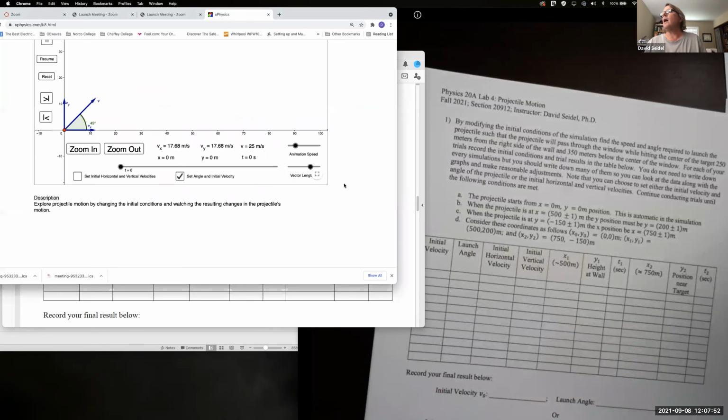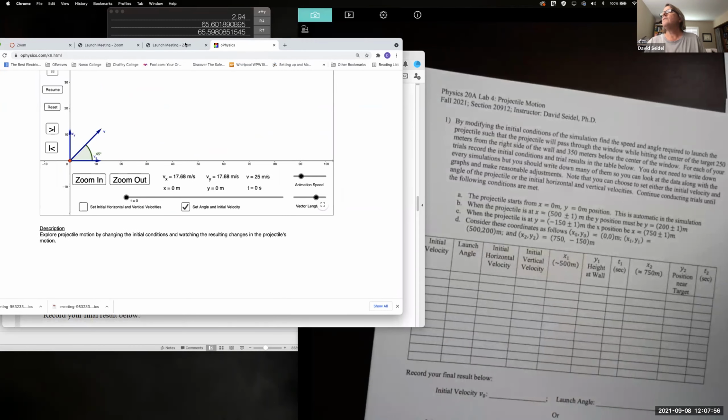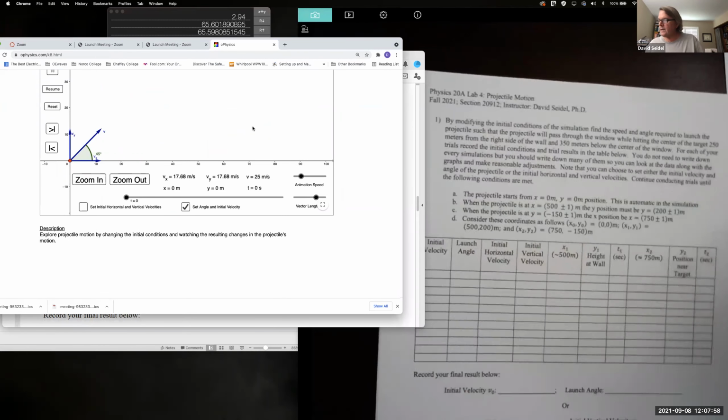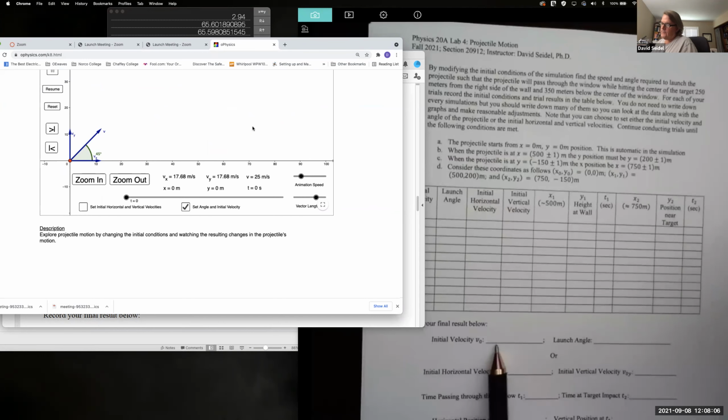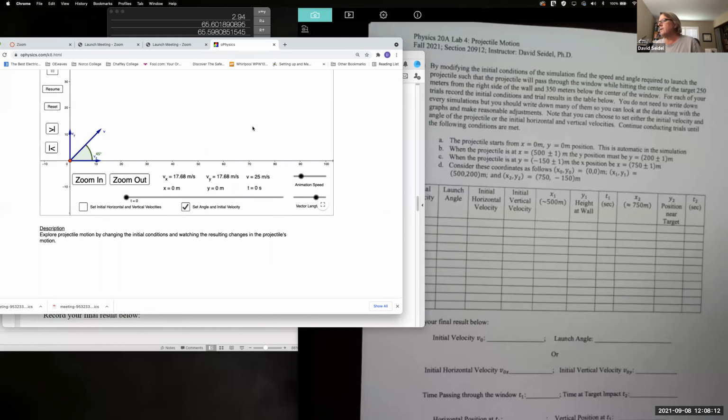First thing you do, you're not going to have to write down every attempt. You should write down a fair number of attempts. Note down here, I have launch velocity and angle, or initial horizontal velocity and initial vertical velocity. You can write down either one.